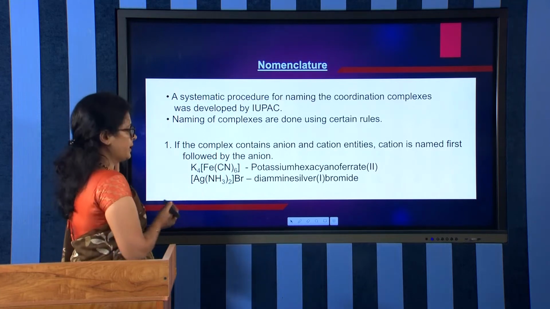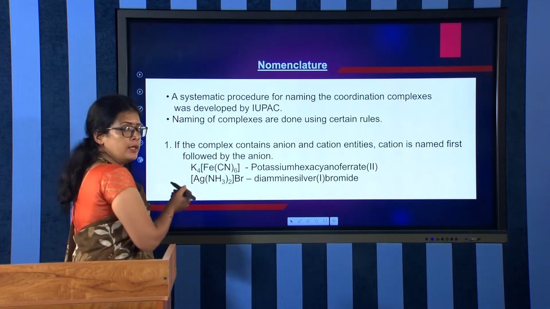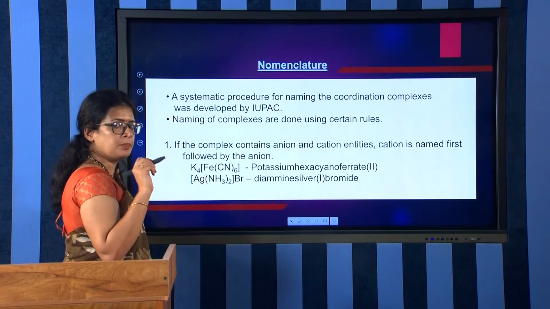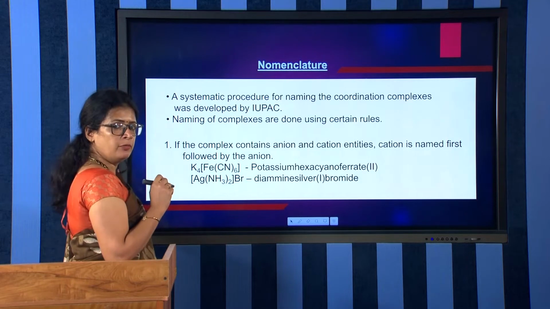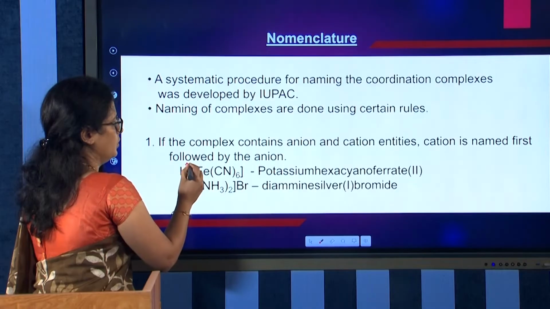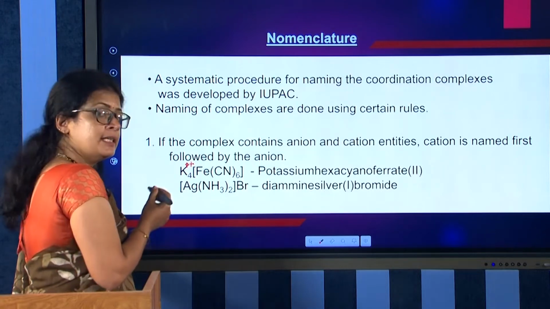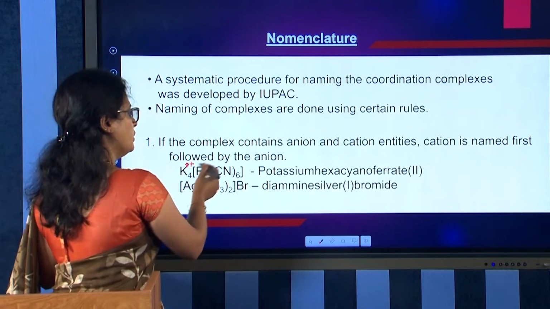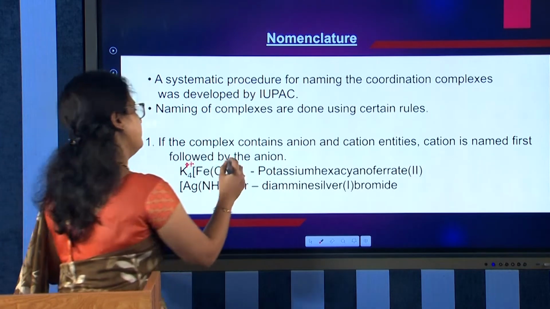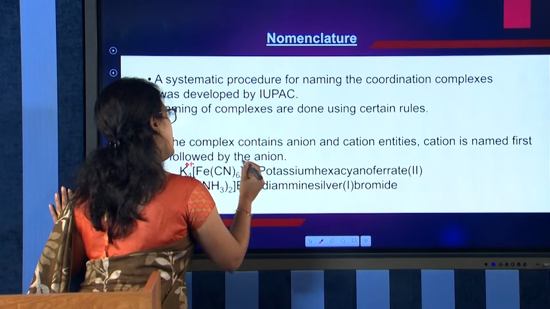K4 is the cationic part because potassium forms a +1 charge, so the four potassium ions carry a charge of 4 plus. And the whole coordination sphere is the anionic part, which is 4 minus.